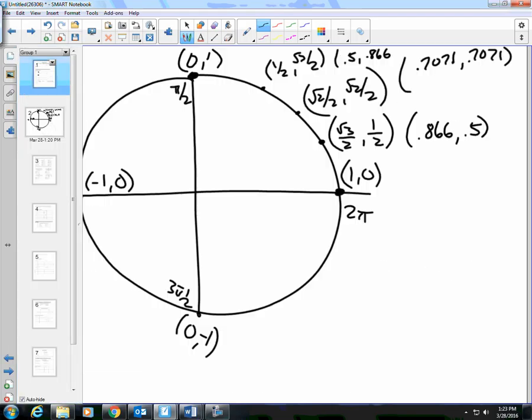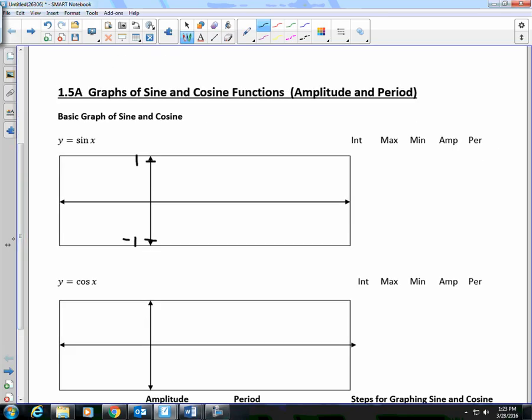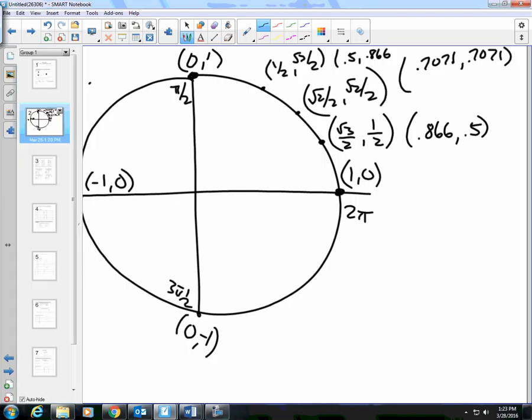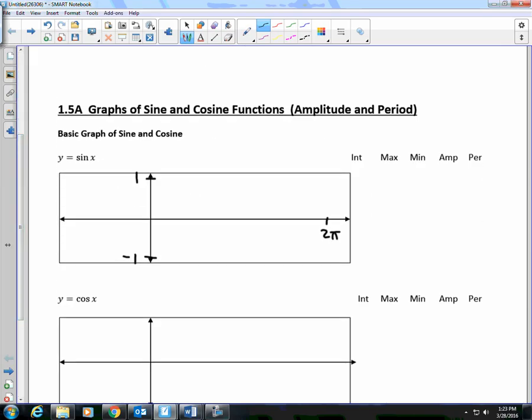How much is once around the circle? 2 pi. We're going to go in radians right now, and so we're going to count it as 2 pi. How many quadrants does it take for sine to do one full revolution? 4 quadrants. So I'm going to take that 2 pi and divide it up into 4 parts.